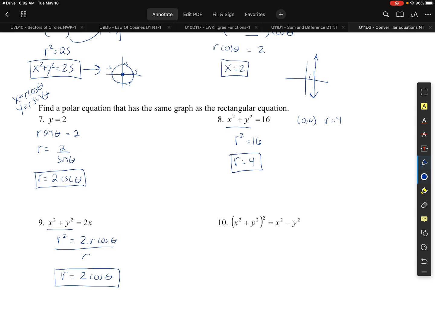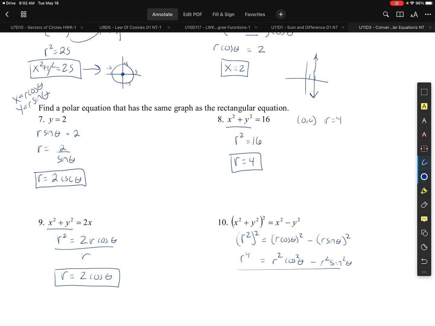All right, so what do I got here? I got r squared equals x, which is r cos theta squared, minus r sine theta squared. All right, this gives me r to the 4th, and if I distribute, which I don't have to FOIL, a lot of people think I have to FOIL, r squared cos squared theta minus r squared sine squared theta.